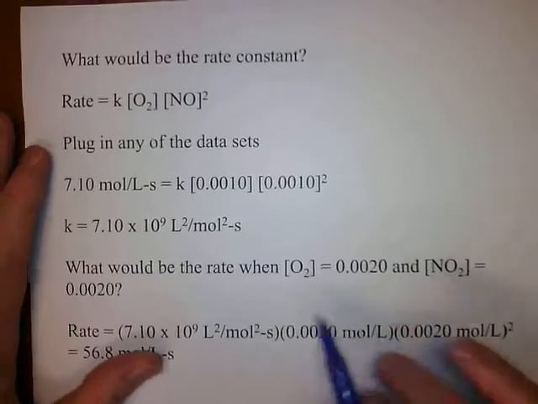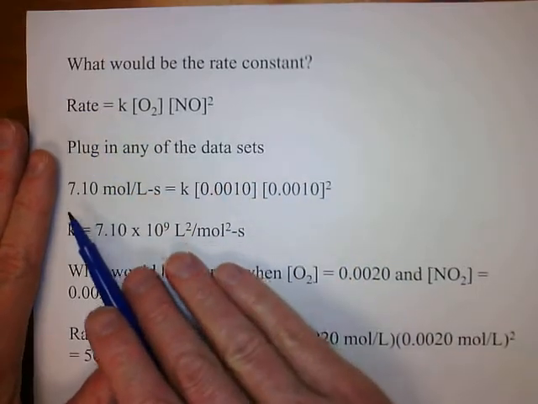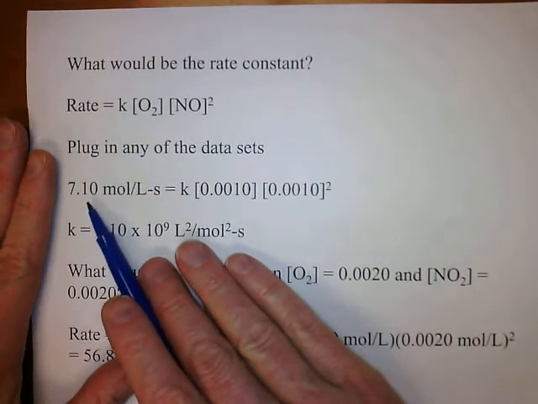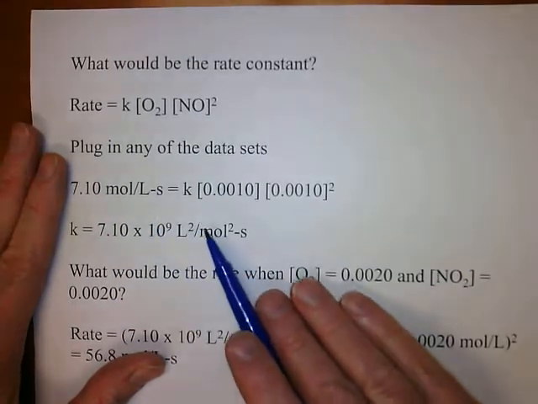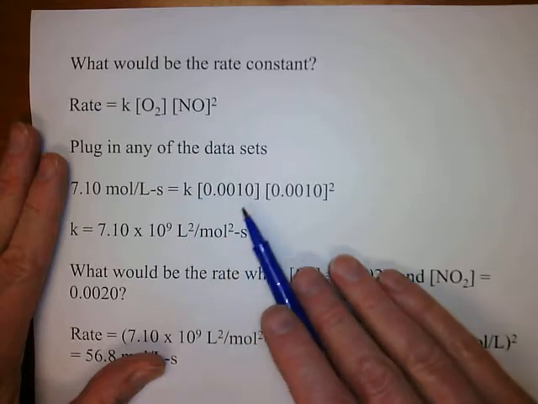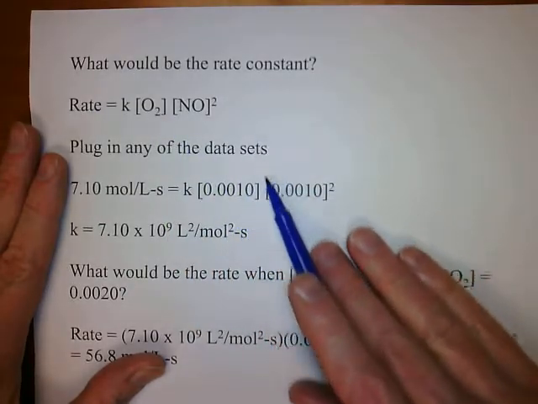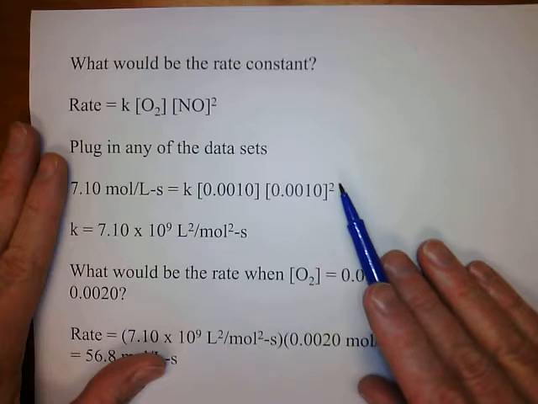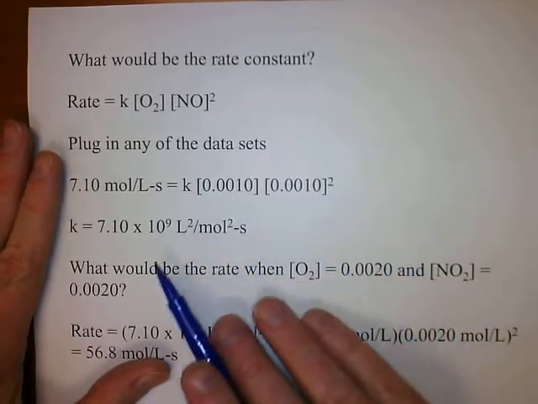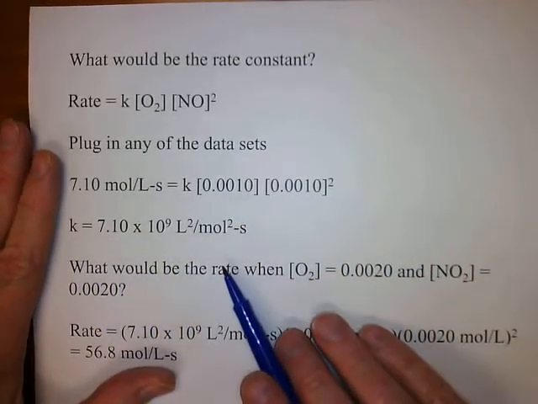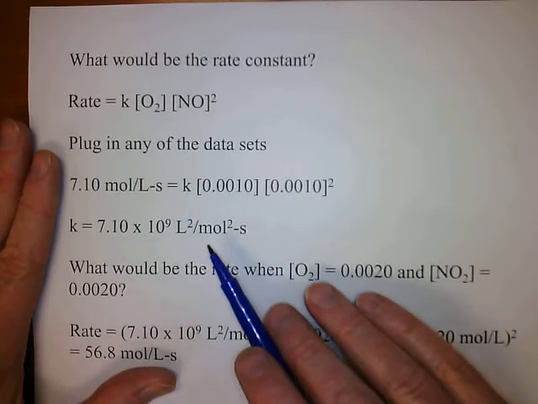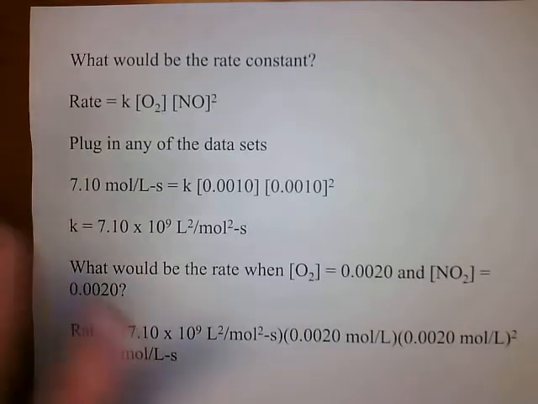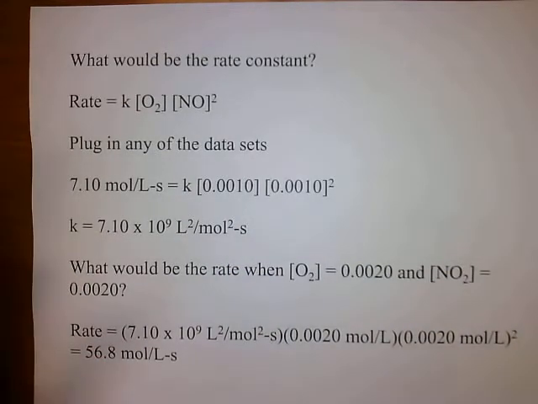So the rate, 7.1 moles per liter per second, is equal to some constant K times 0.0010 times 0.0010 squared. This comes out to be 7.1 times 10 to the 9th liter squared per mole squared per second. We'll have some more to say about the units on that in a minute.